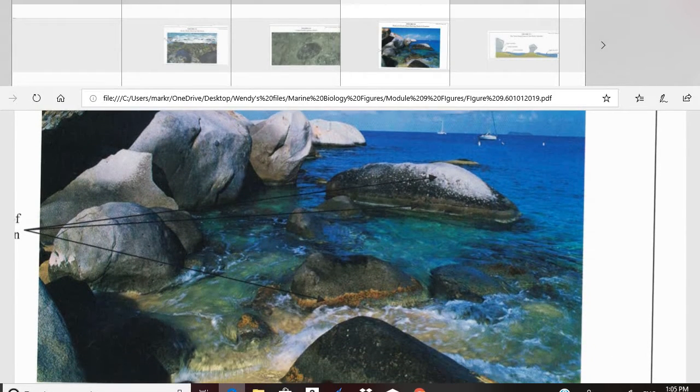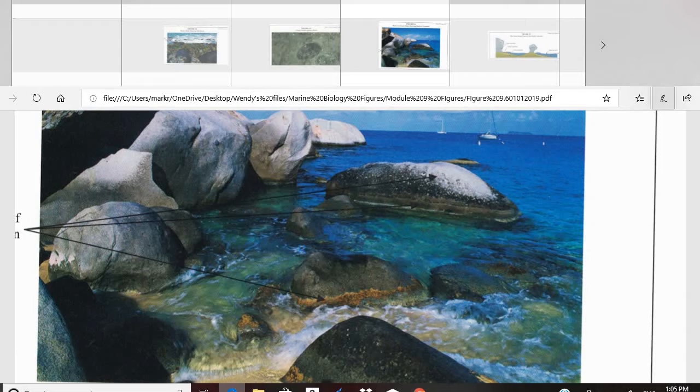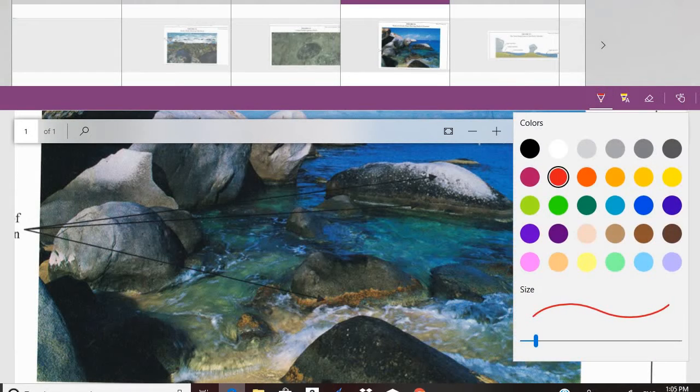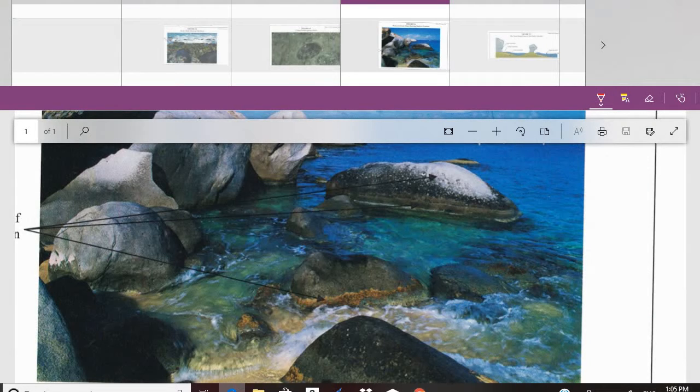Okay, what I want you to see from this picture is that there are organisms that are living and growing in this rocky intertidal zone, and they live at specific heights.